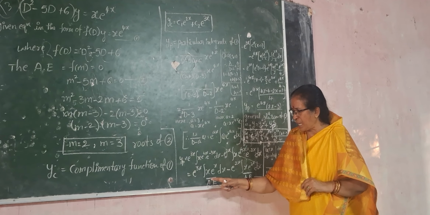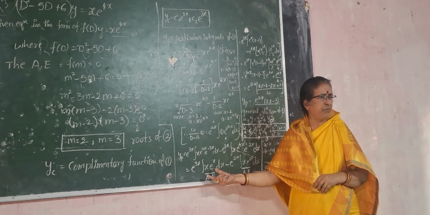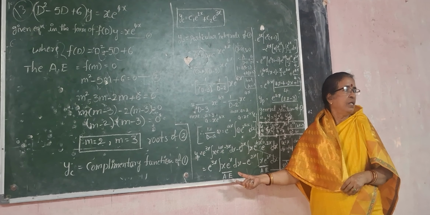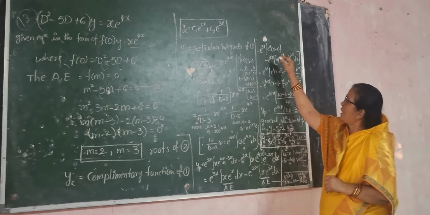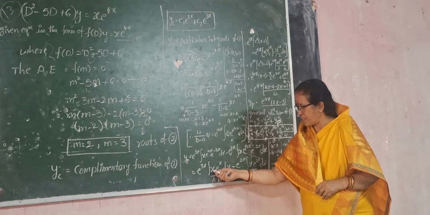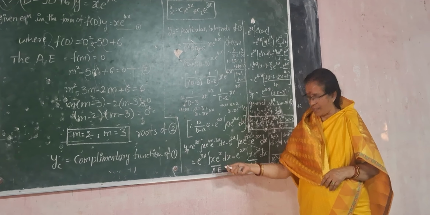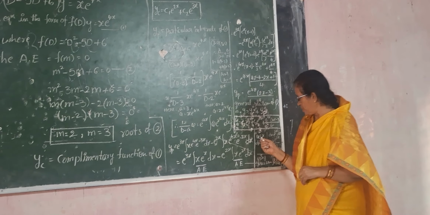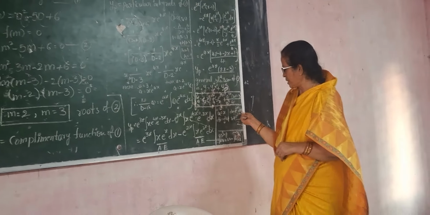Once again we have the product of two functions, so we have to express it as u dv. We can write u equal to x and dv equal to e power 2x dx.